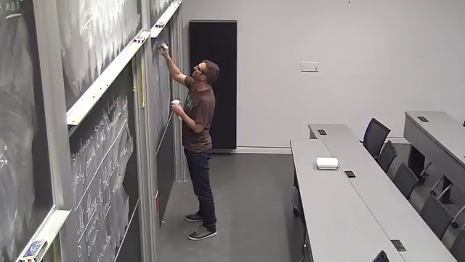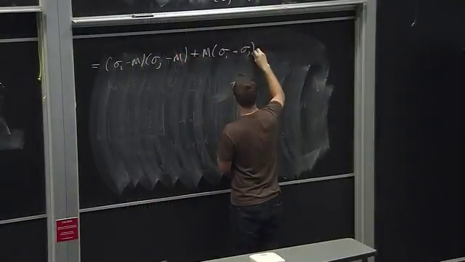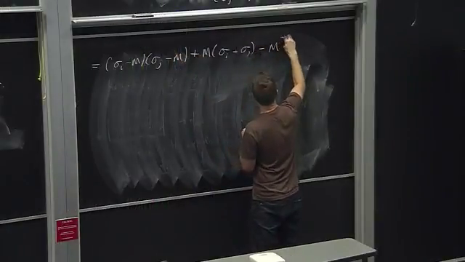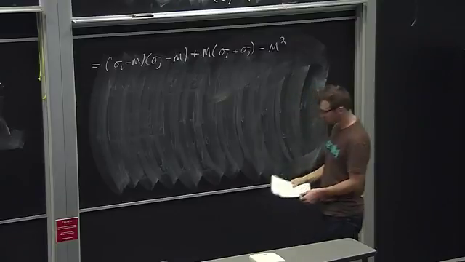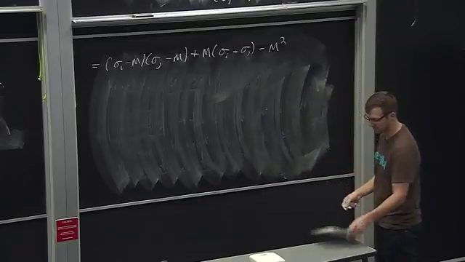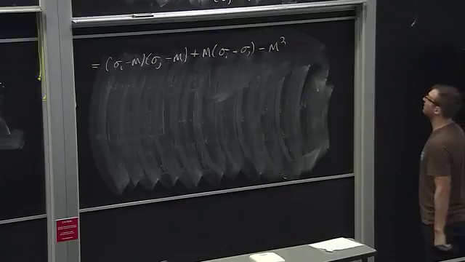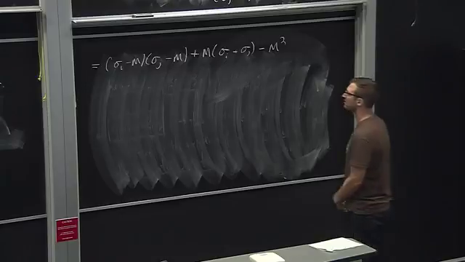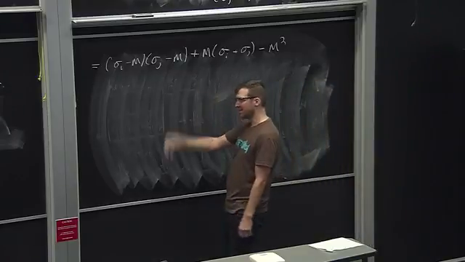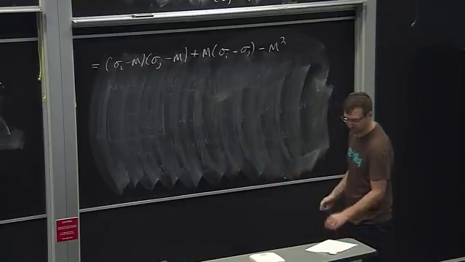That sign right should be plus sigma j minus m squared. Okay, so this is exact. All I've done is messed around with adding and subtracting the average magnetization, if you will.